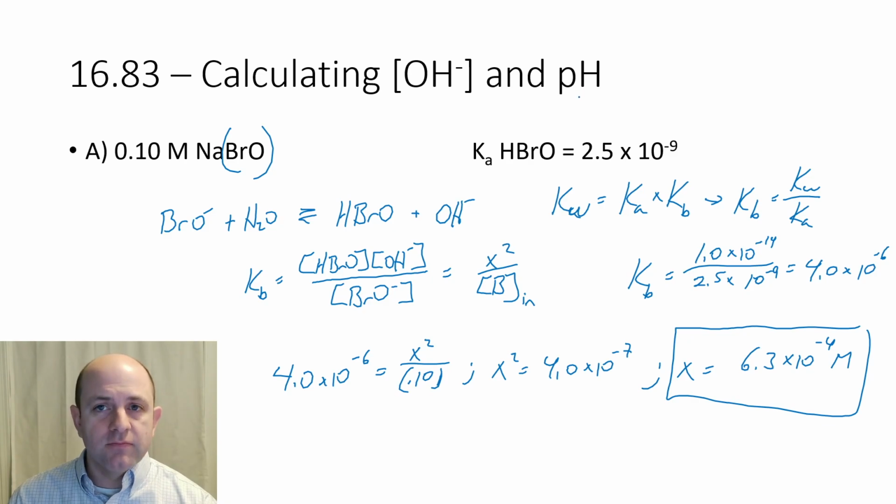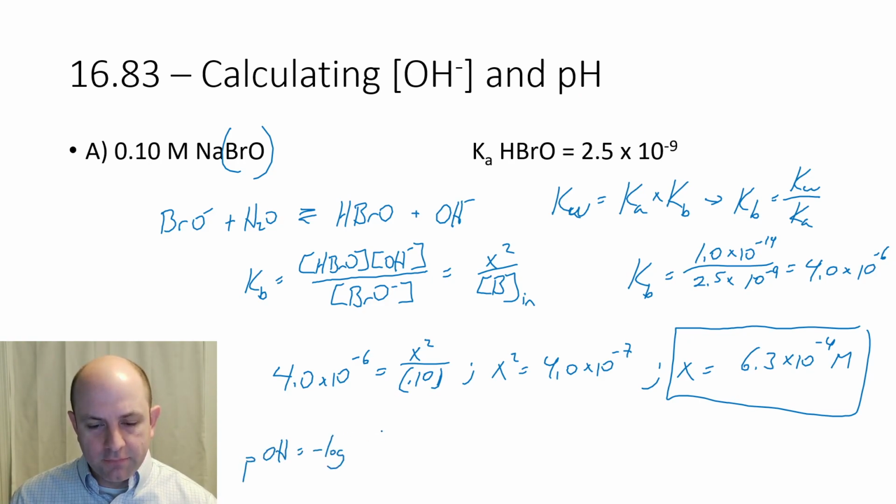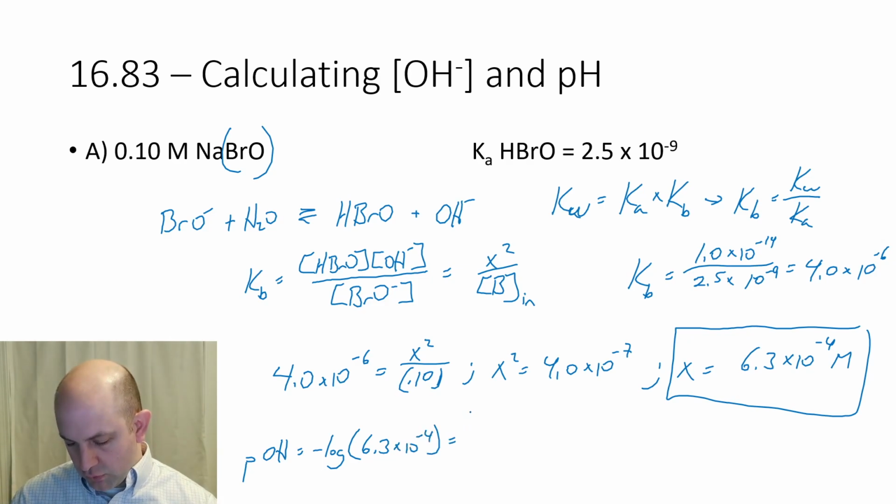Then they ask us to find the pH. And so we can remember, wait a minute, we can get the pOH because that's the negative log of our hydroxide concentration. So that'll be the negative log of 6.3 times 10 to the negative fourth molar, which will equal, looks like 3.20 for sig figs.